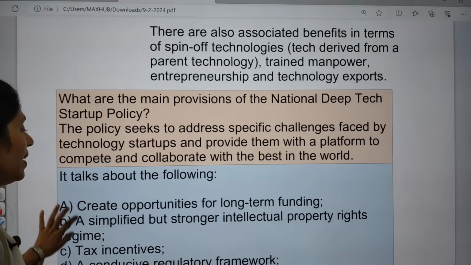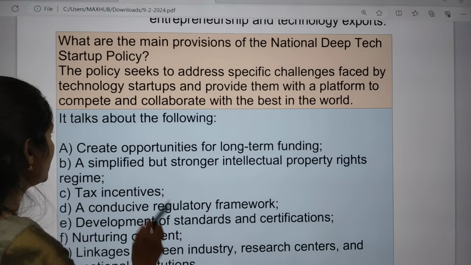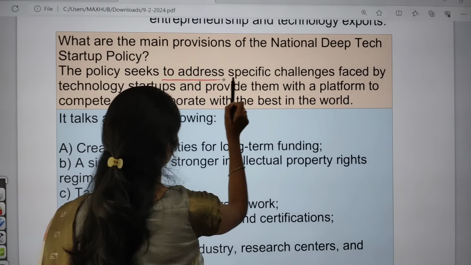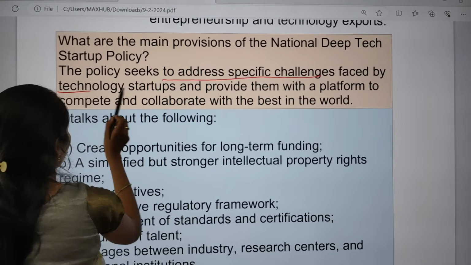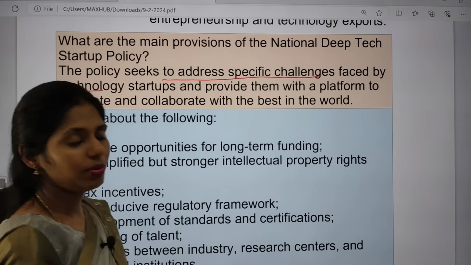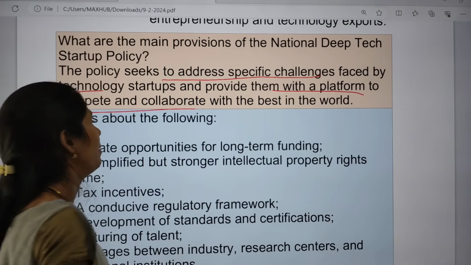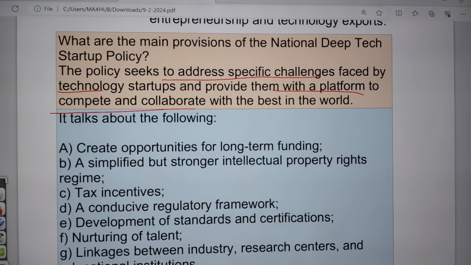And what are the main provisions of the deep technology startup policy? Yes, this is also very important. This policy seeks to address specific challenges faced by technological startups, and it will be helpful for providing them with a platform to compete and collaborate with the best in the world.